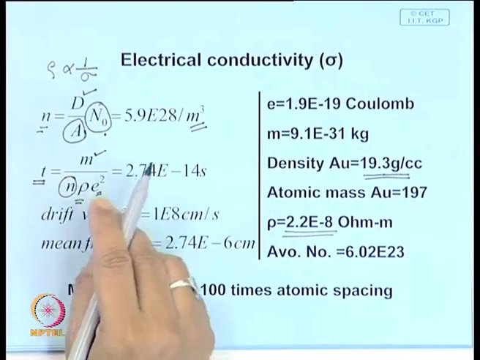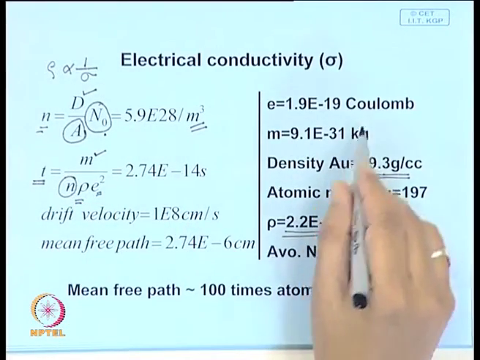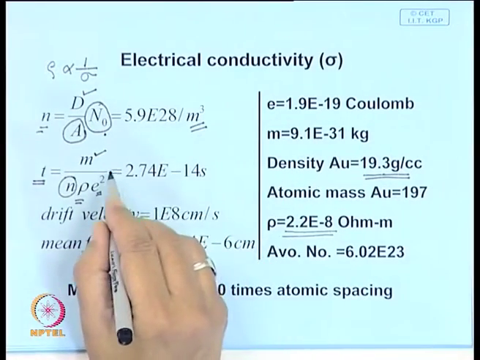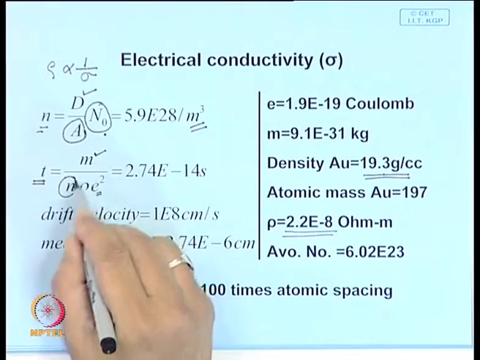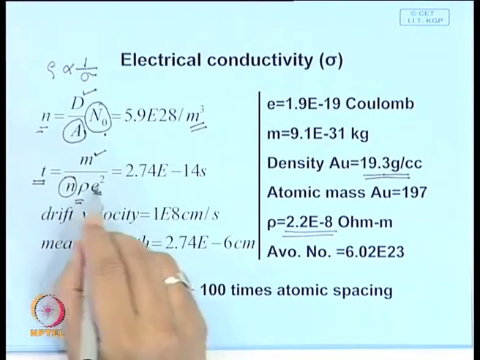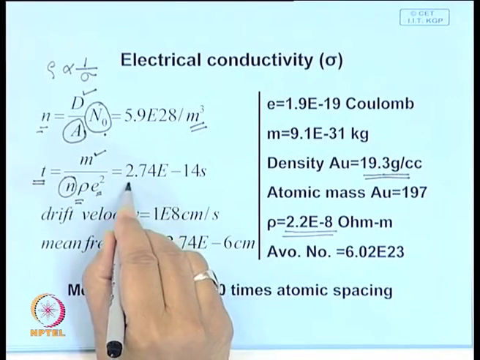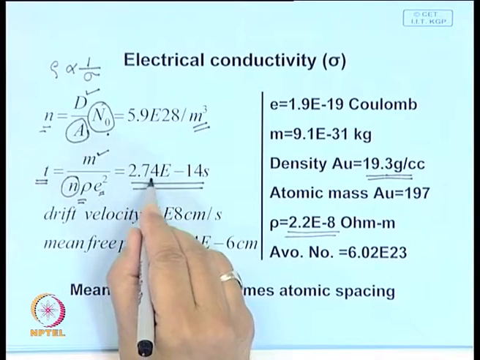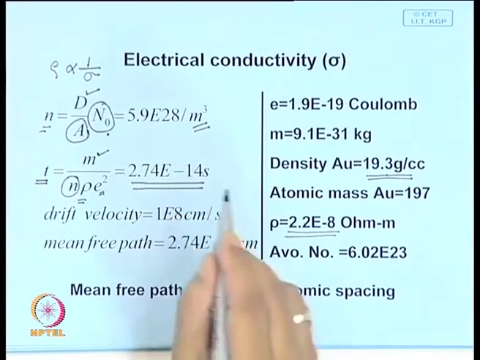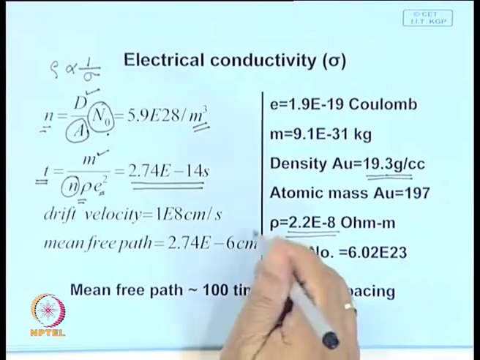One needs to be careful about the units. You should substitute all these constants in consistent units. Once you do this, you get a value of around 2.74 times 10 to the power minus 14 second.